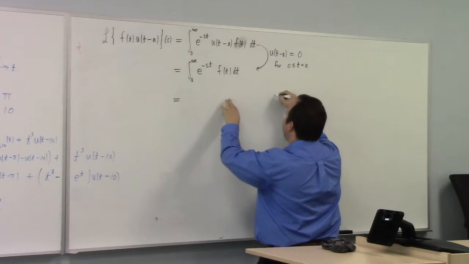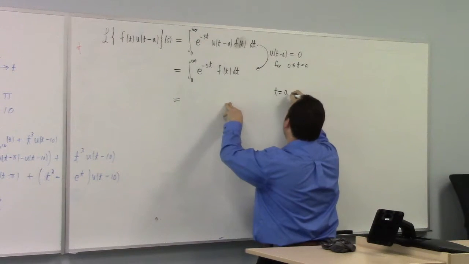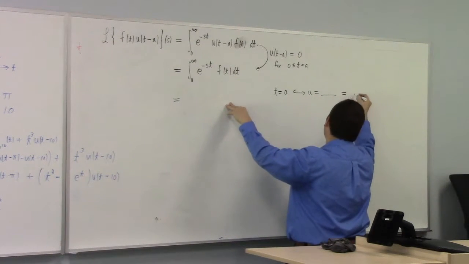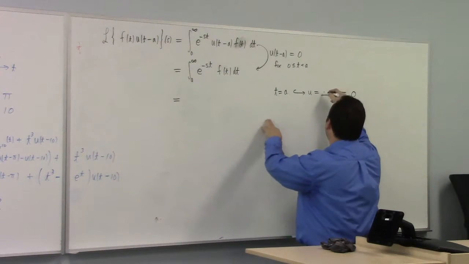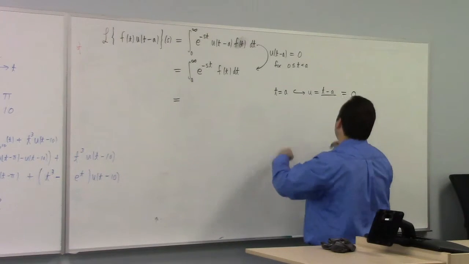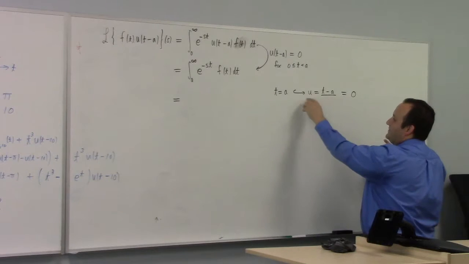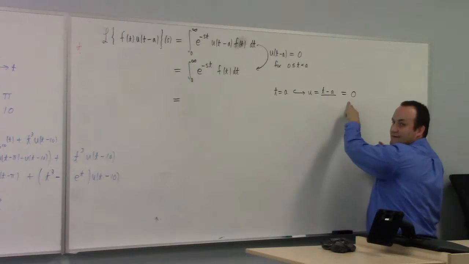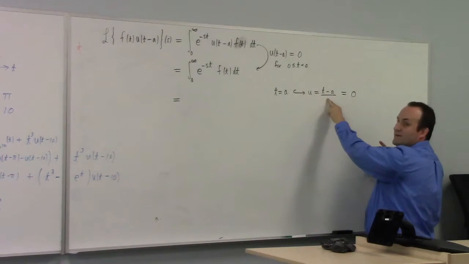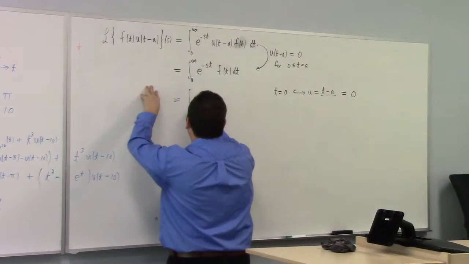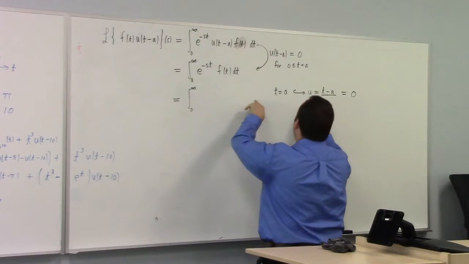Let's see here, t. So if t is equal to a, we want u to be equal to 0. Maybe we should use t minus a as a substitution variable. Because if I use t minus a equals u, that makes t equals a become u equals 0, right? So I should make this u equals t minus a substitution to make the bound go from 0 to infinity instead of a to infinity. If I do that, how are t and a related?